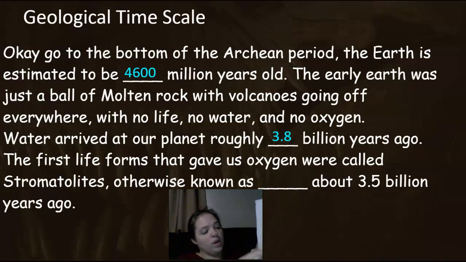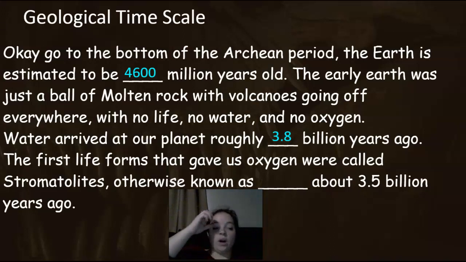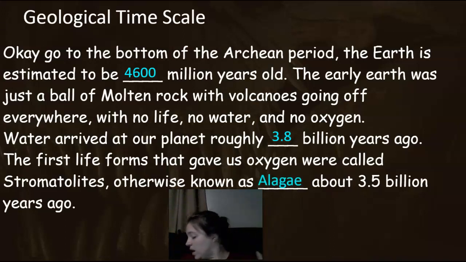So right about there would be where the water arrived on the planet. The first forms of life that give us oxygen are called stromatolites. They're otherwise known as algae, about 3.5 billion years ago. So there's roughly a difference between when water showed up and when algae and stromatolites and the first bacteria were formed.